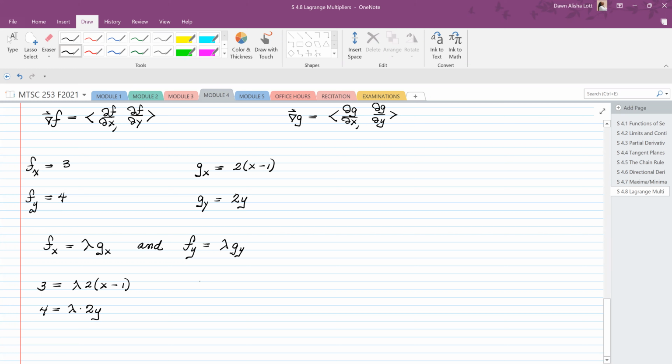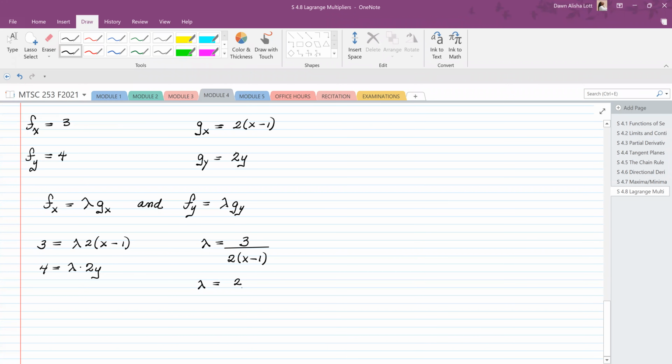So in the first equation, I get lambda is equal to 3 over 2 times x minus 1. And in the second equation, I get lambda is equal to 2 over y. So both those things must be equal: 3 over 2 times x minus 1 has to equal 2 over y.